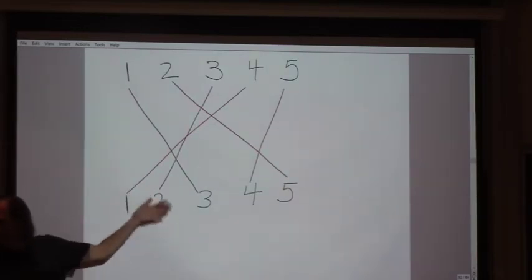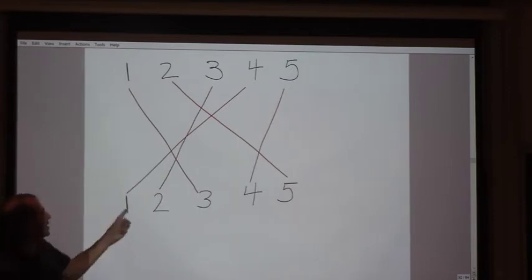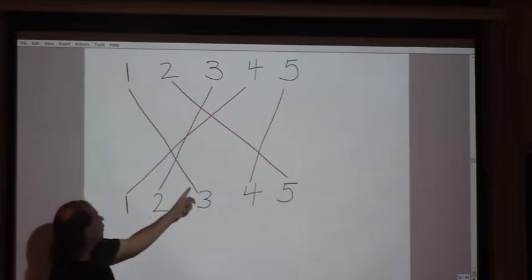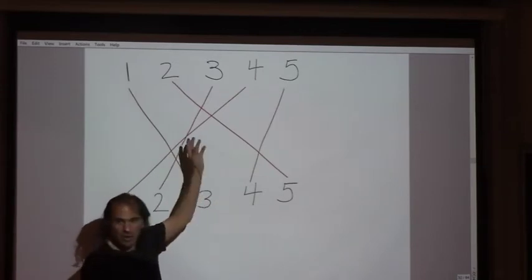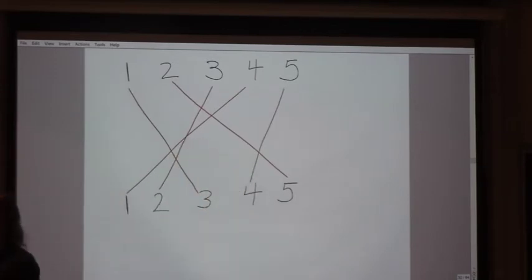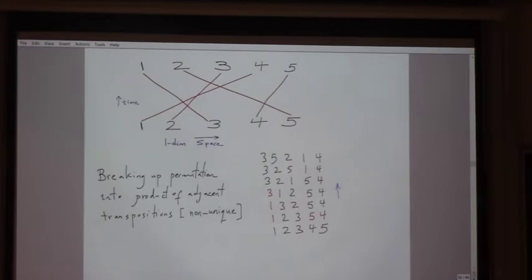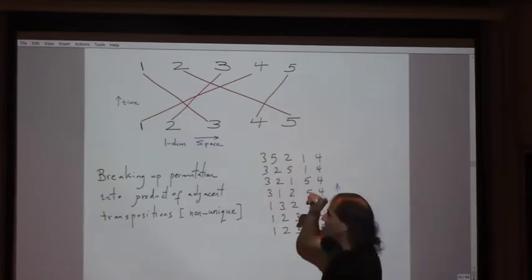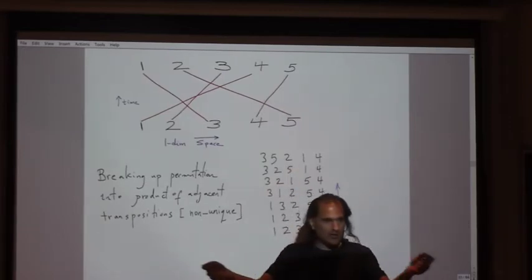Still, I'm not doing physics. I'm just drawing lines, right? I'm now representing the permutation: 1 went to 4, 3 goes to 1, 2 goes to 3, and so on. Right? But now this looks like a scattering process. It looks like a scattering process in one dimension of space and one dimension of time. Okay? Time runs up, and this is space where the particles just bounce off each other. Okay?